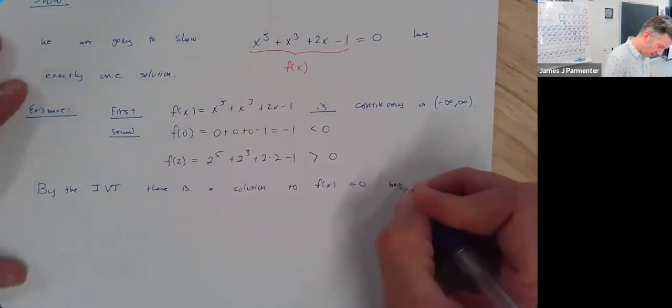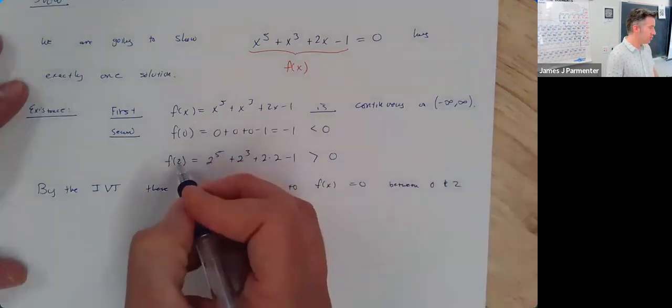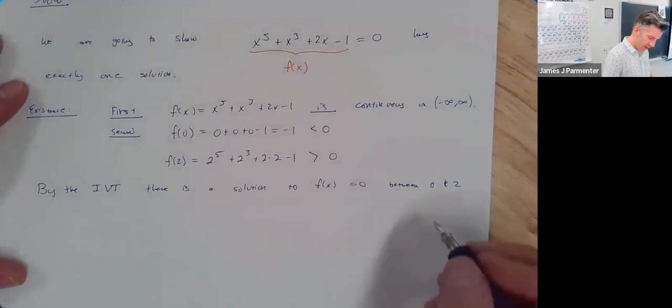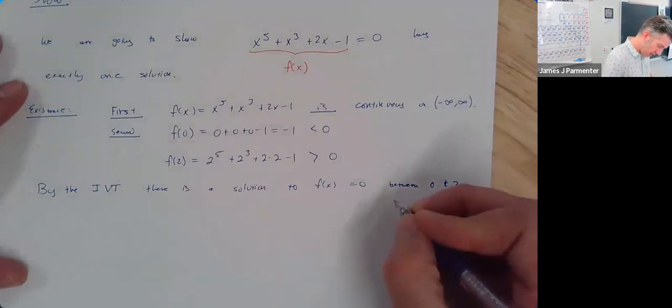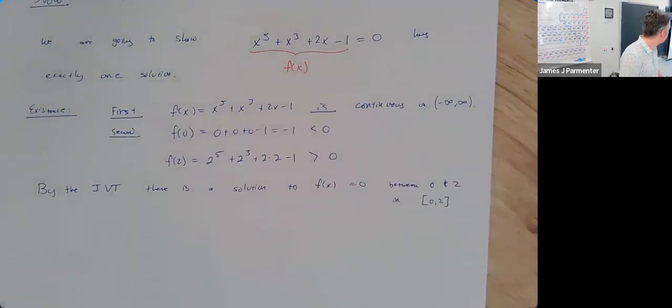It's between 0 and 2, or in the interval 0 to 2, or whatever x values you happen to pick. That's what the intermediate value theorem says: if your function is continuous and you go from a negative value to a positive value, you had to have hit 0 somewhere in between.